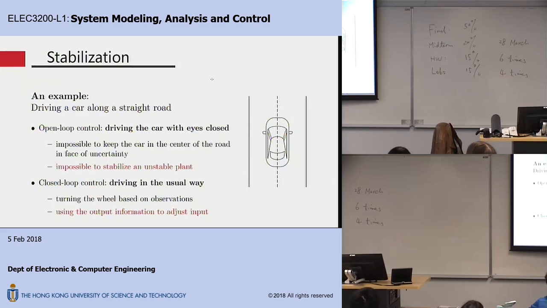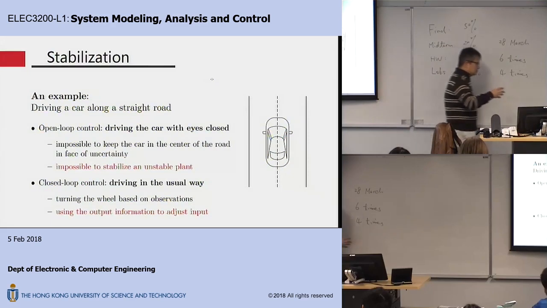You probably have heard about open loop control, closed loop control, or feedback control, all those concepts. What do you mean by open loop control? Assume that this driver doesn't really need to look at the environment.